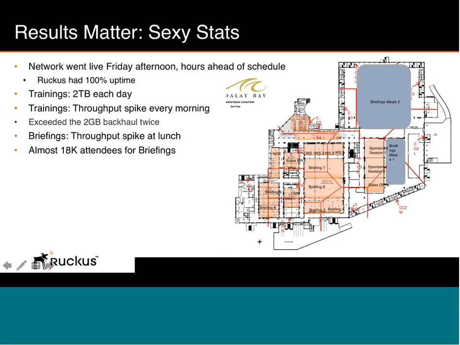The briefings, everybody got on and did their chat sessions and tweets and everything during lunchtime, and those were going out across probably 8 to 12 access points total, because these meal areas have no attenuation out there at all. These are just wide open spaces. So the highest number of simultaneous connections that I had on a per AP basis was probably about 250 during the meals, and I didn't have a problem with that at all.